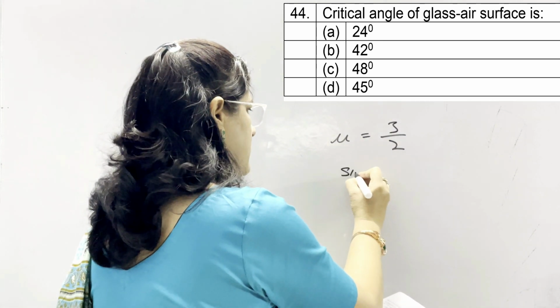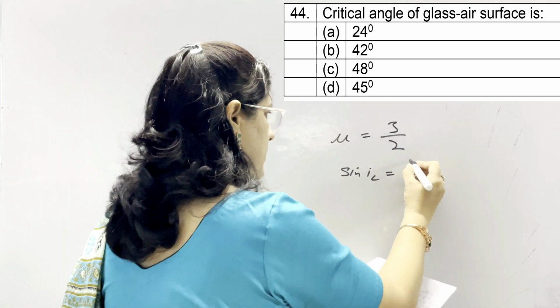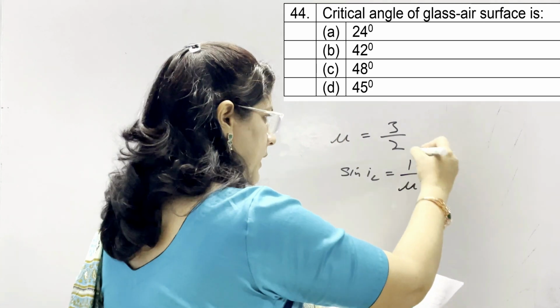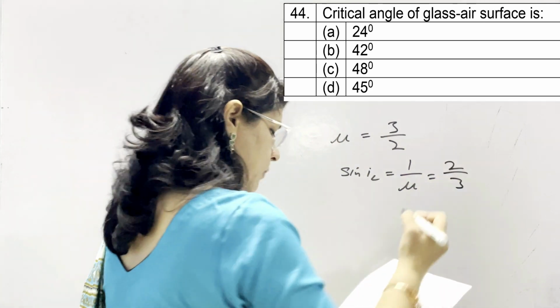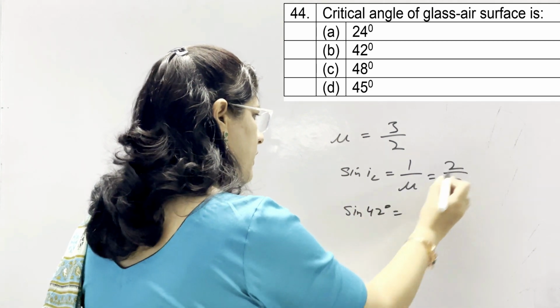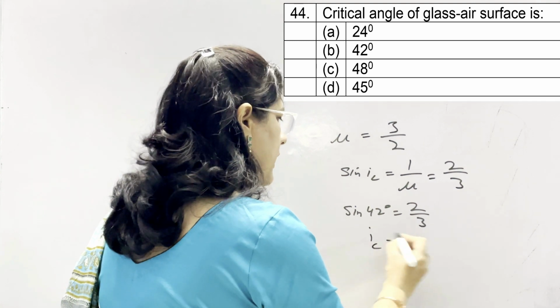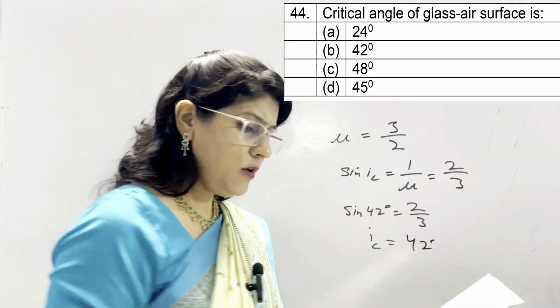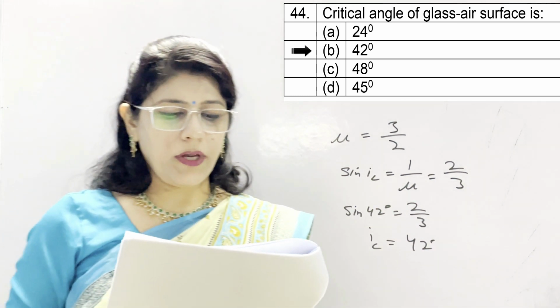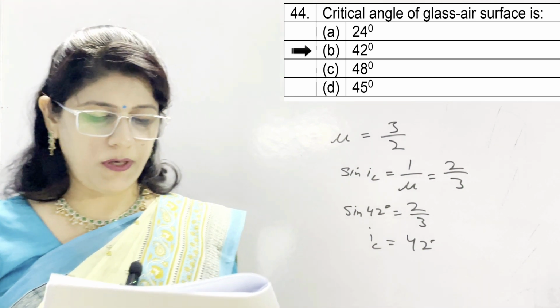So sine IC, or you can say cosec IC, if we take reciprocal of this, here sine, so 1 upon mu, taking reciprocal of this, it is 2 by 3. So now in the table of sine, 42 degree we get this value 2 by 3. So critical angle is 42 degree. So the correct option is B. Other options are 24, 48 and 45.